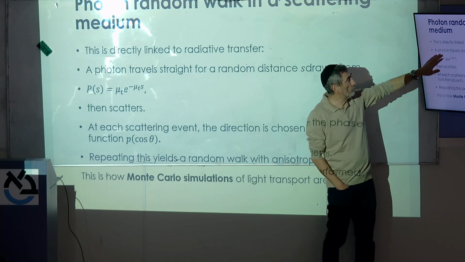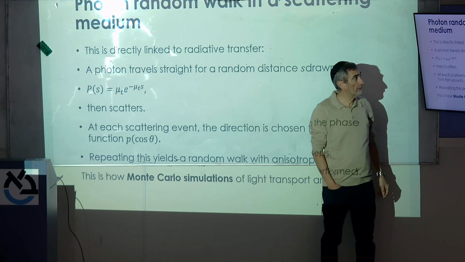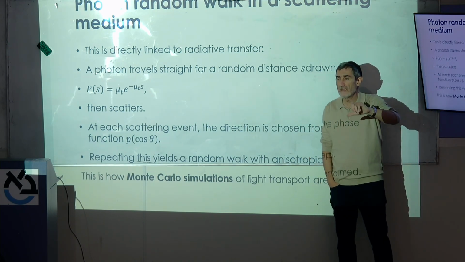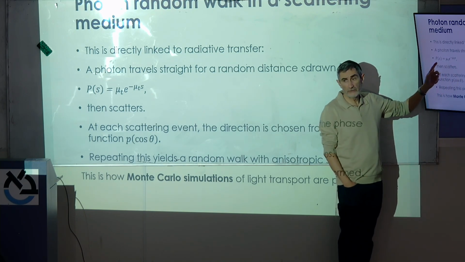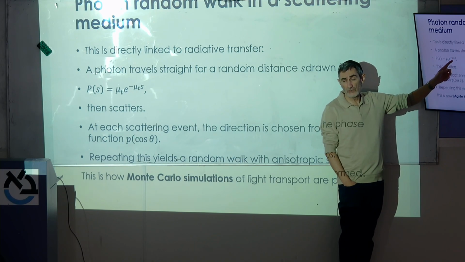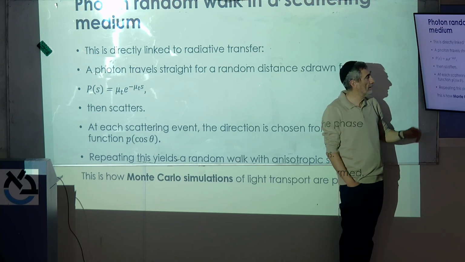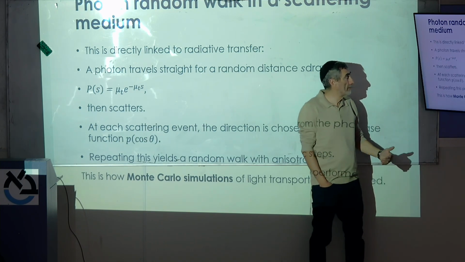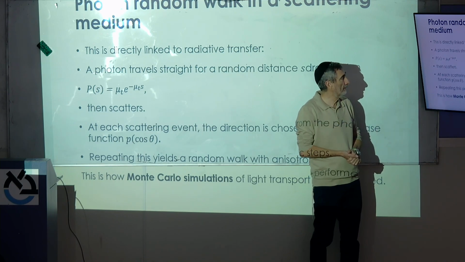So a photon travels straight for a random distance s. So instead of taking simply LT, the transport mean free path, you can take a probability distribution here, of s, with the characteristic length which is LT. So mu T exponential minus mu T s. That will give you the probability to make a step of a given length s.